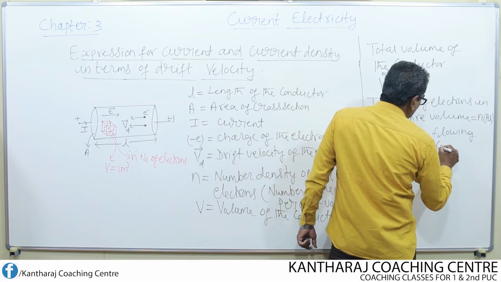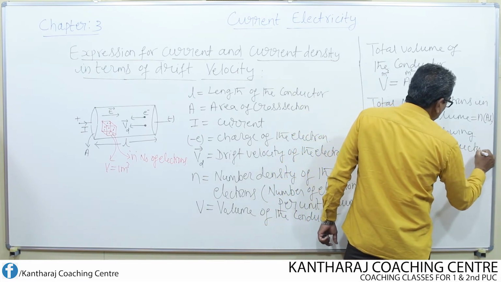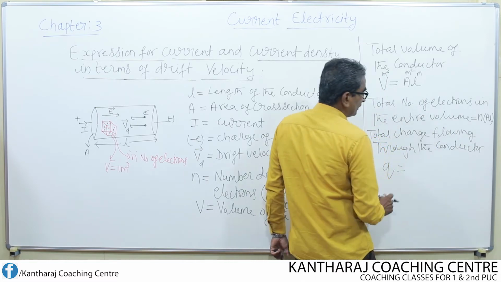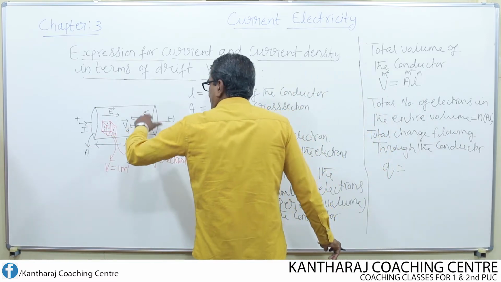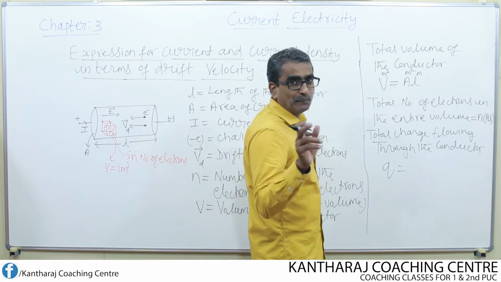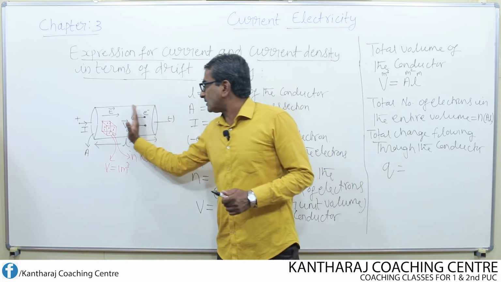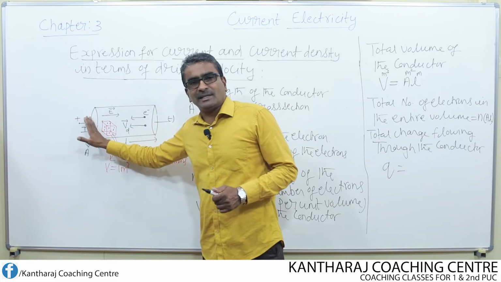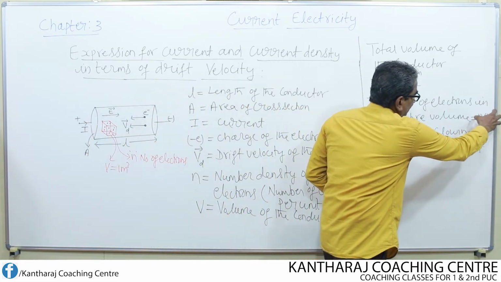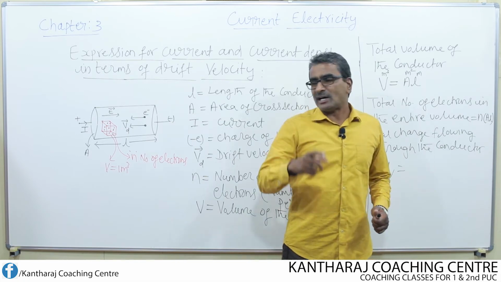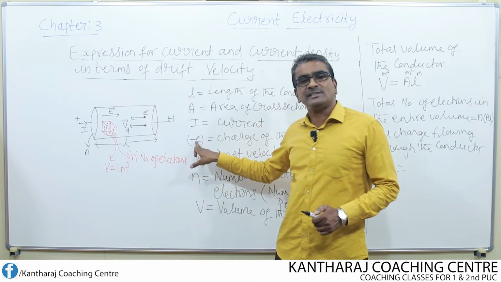Total charge flowing through the conductor is given by Q equal to total number of electrons flowing in the conductor multiplied by charge of each electron. So how many electrons are flowing from one end to another end of the conductor? This number of electrons are flowing. What is the charge of each electron? Charge of each electron is e.